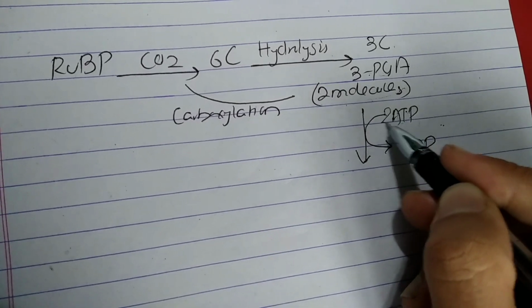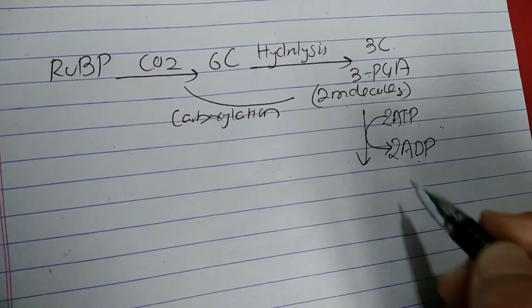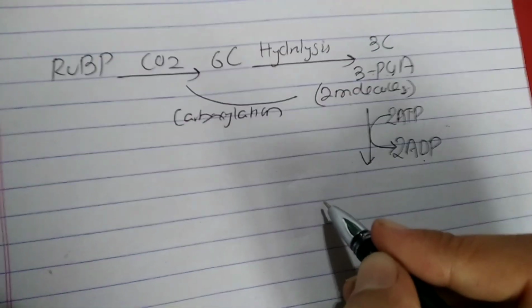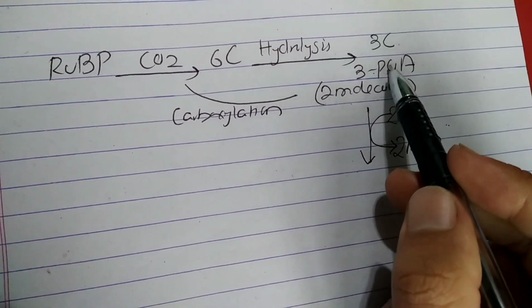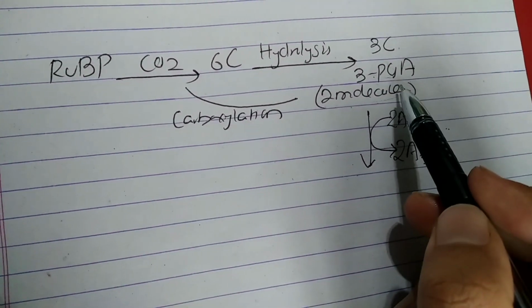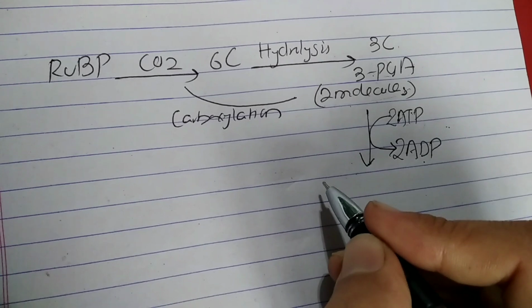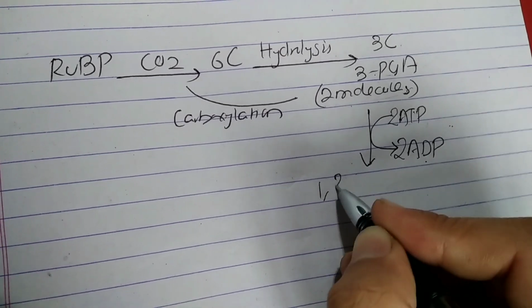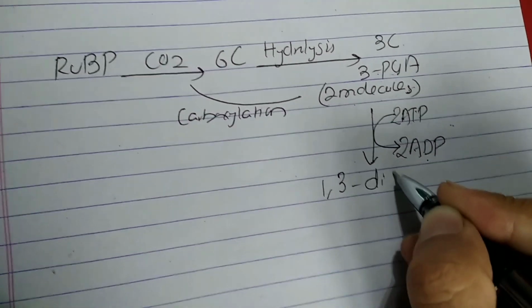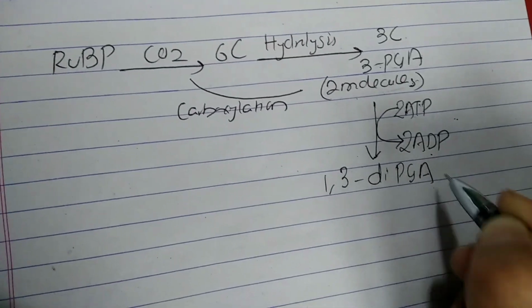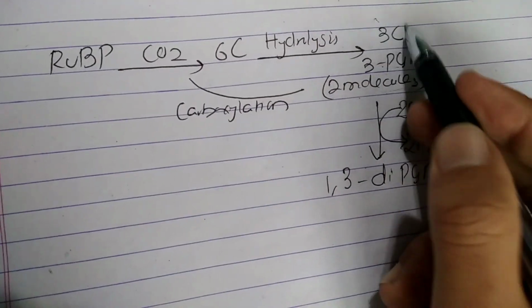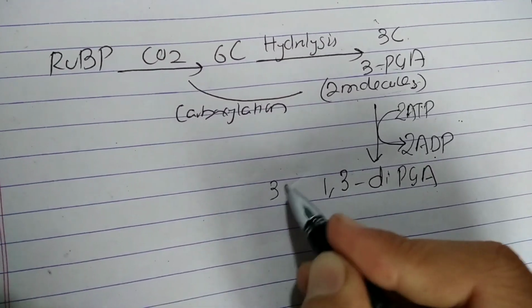We need 2 molecules of ATP and 2 molecules of ADP. Since one phosphate group is already here, adding another phosphate group will result in bisphosphate. So the product will be 1,3-diphosphoglyceric acid, and this is a 3 carbon compound, and this is also a 3 carbon compound.